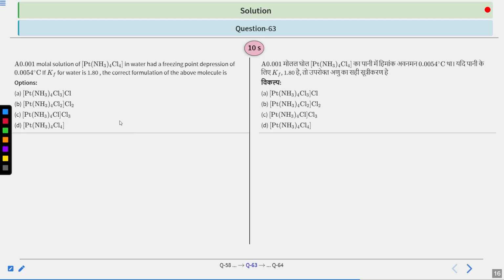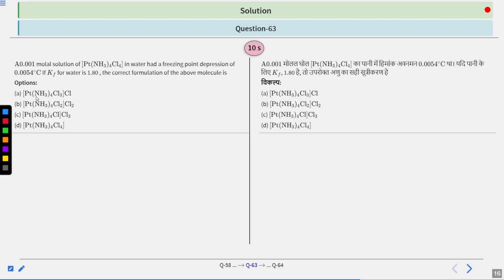Next question. A 0.001 molar solution of [Pt(NH3)4]Cl4 in water had a freezing point depression of 0.005 degrees Celsius. If Kf for water is 1.80, the correct formulation of the above complex is.